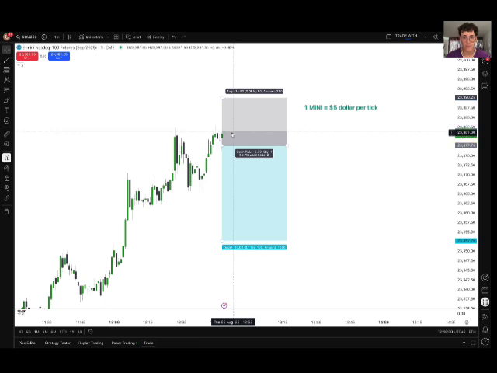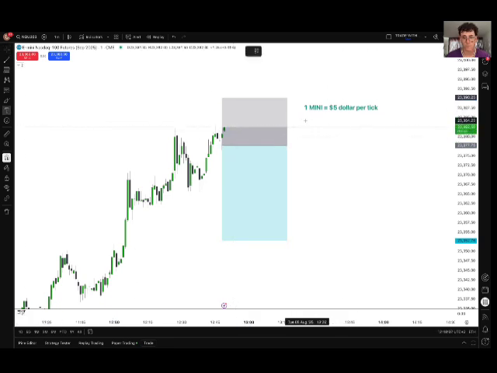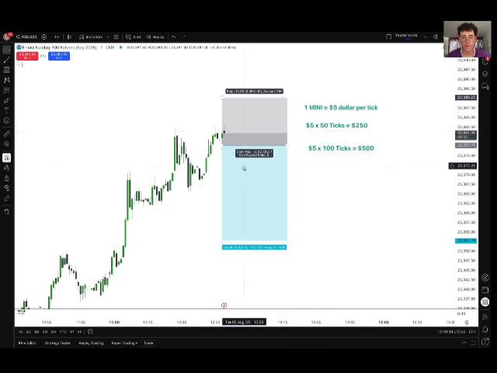If you have 50 ticks of stop loss, then you do $5 times 50 ticks equals 250. You have 100 ticks of take profit, 100 ticks equals 500. Okay? If you have 200 ticks of take profit, 5 times 200 ticks, 1000.